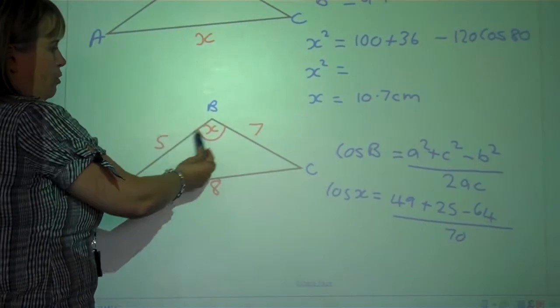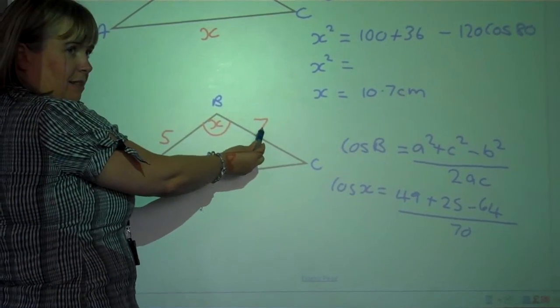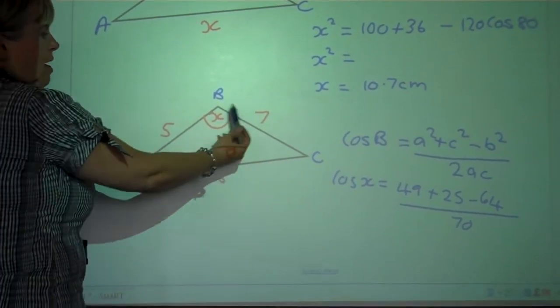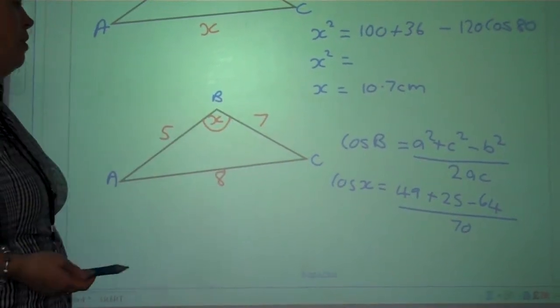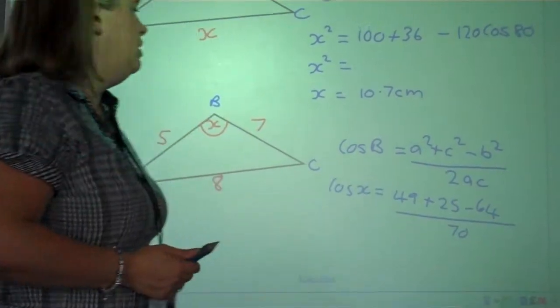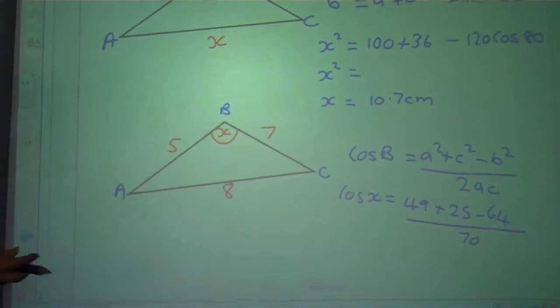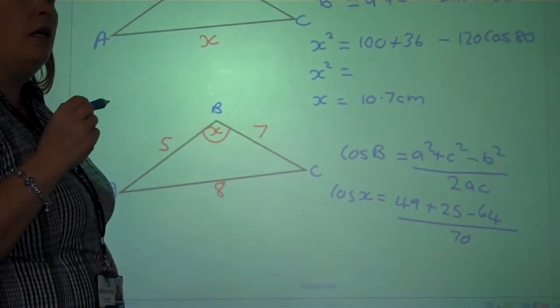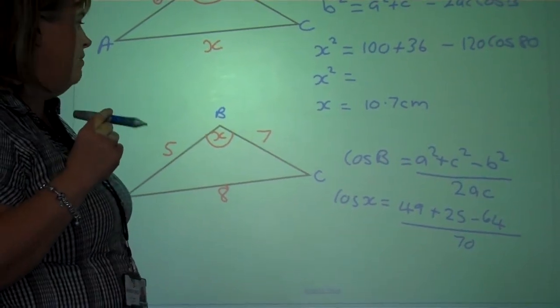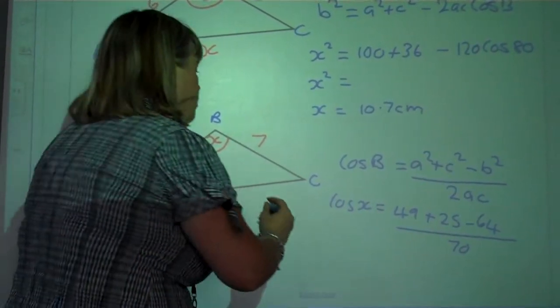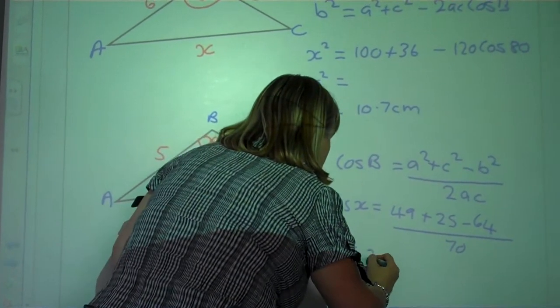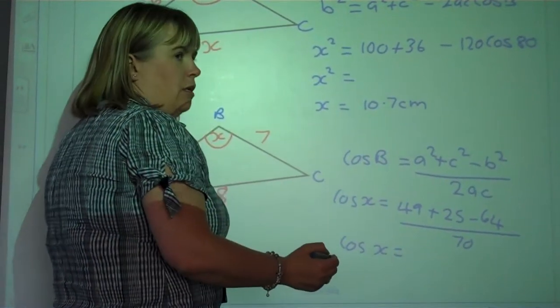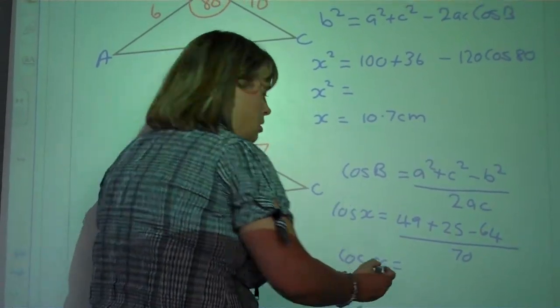I always find it easy to multiply those two together first and then double it. Okay, so it's the 2 either side of the angle that you're looking for. So on your calculator, 49 plus 25 take away 64. What do you get? 10. Divided by 70. So cos x equals 0.1.